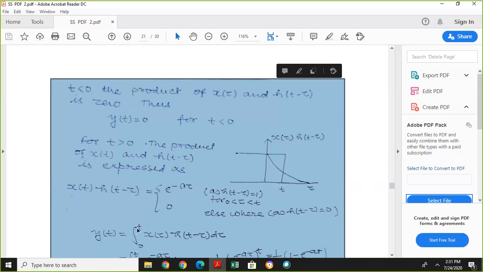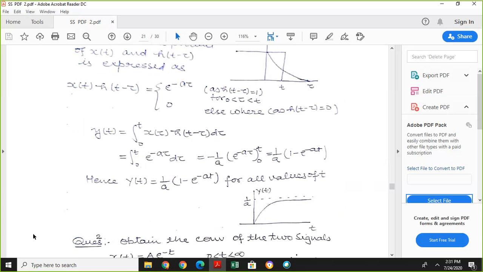So y of t is equal to integration from 0 to t. [Lower limit is 0, higher limit is t], so integration from 0 to t of x of tau h of t minus tau d tau. Substitute the value of x of tau as given by this, and h of t minus tau is 1.